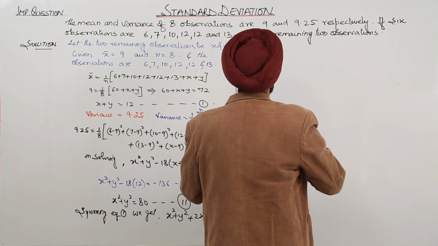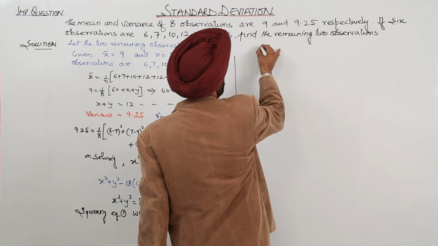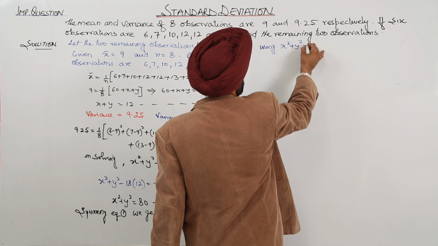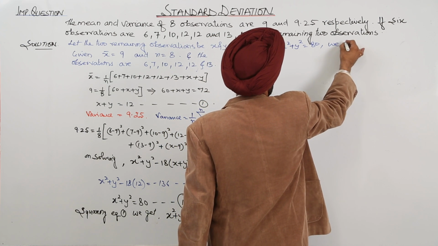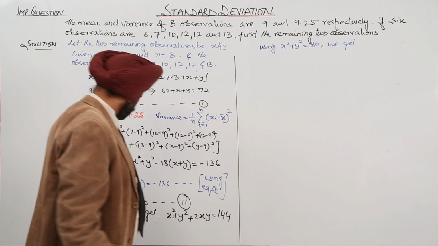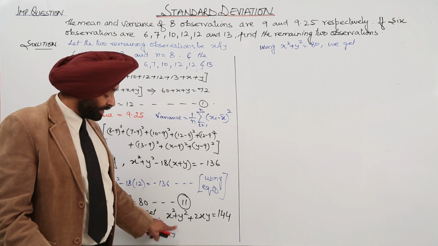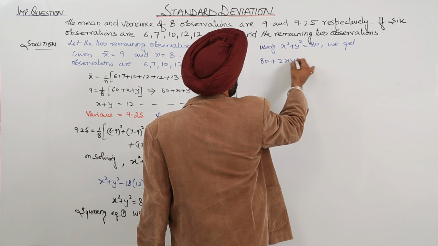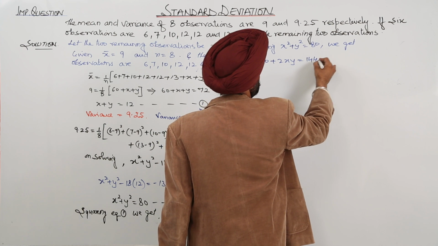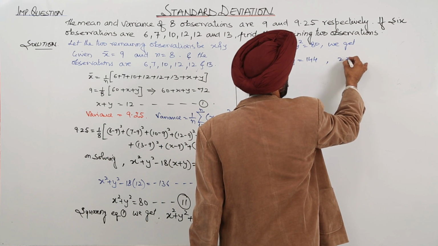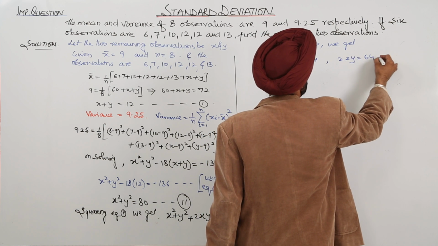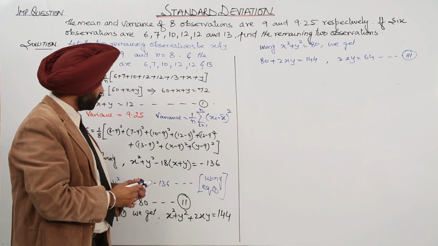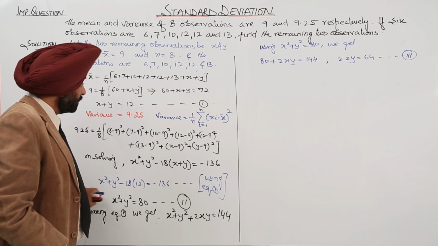So let's put 80 here. 80 plus 2xy is equal to 144, or 2xy is equal to 64. Let this be equation number 3. So we are having 3 equations, first, second and third.